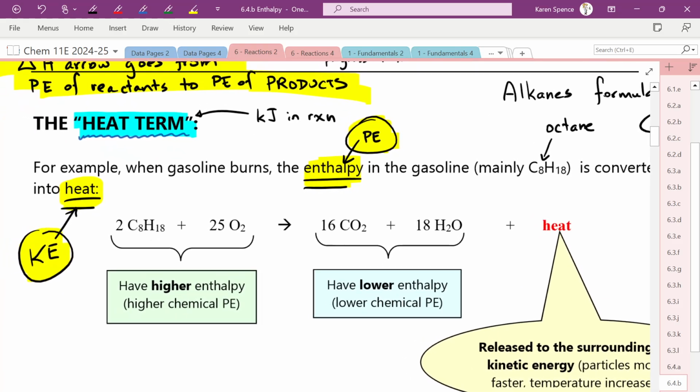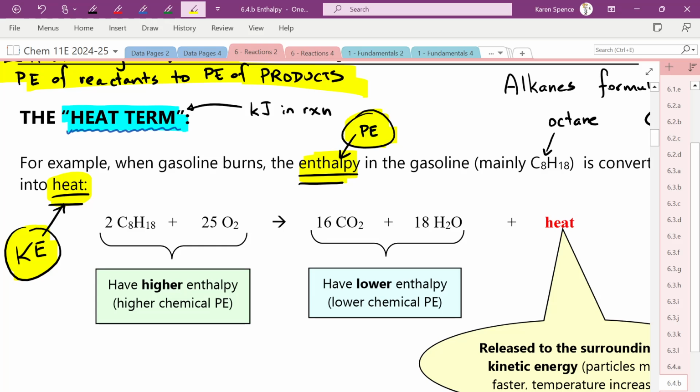So our reactants have a higher enthalpy, a higher chemical potential energy than our products, which have a lower chemical potential energy, a lower enthalpy.